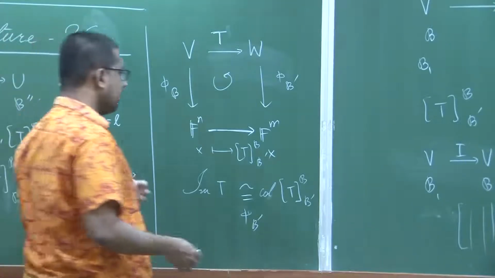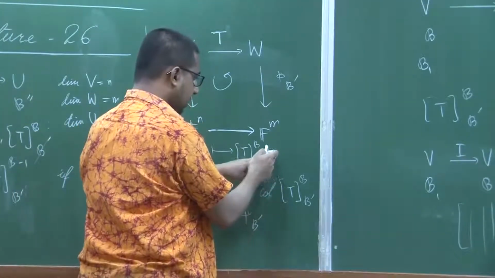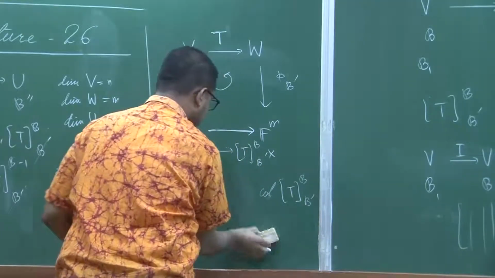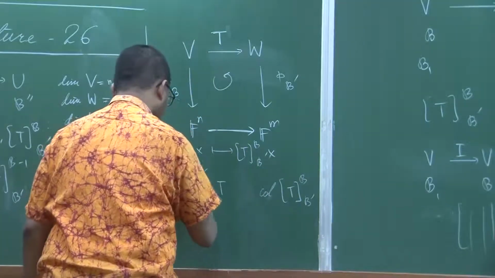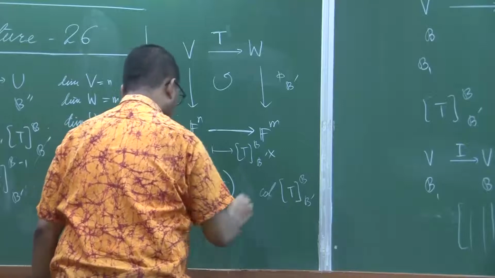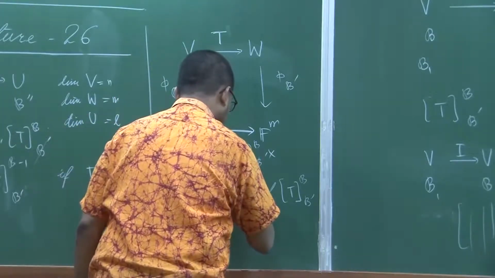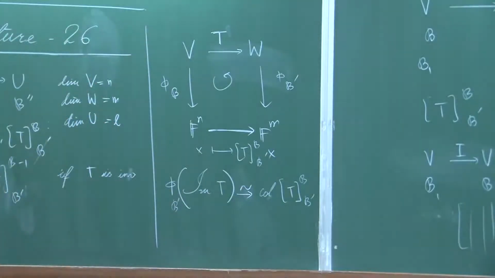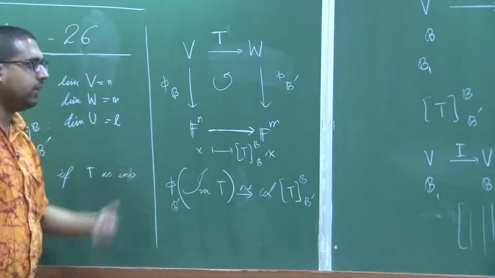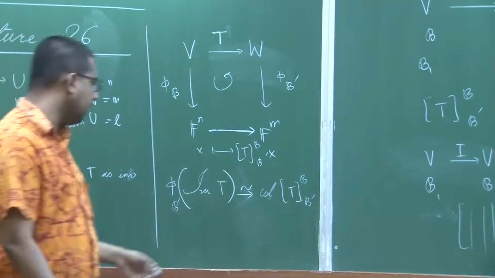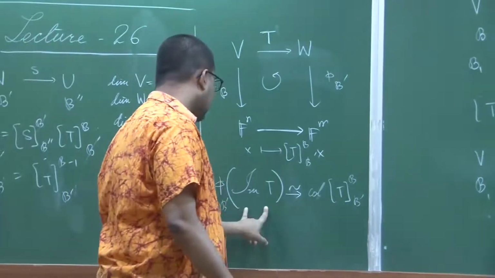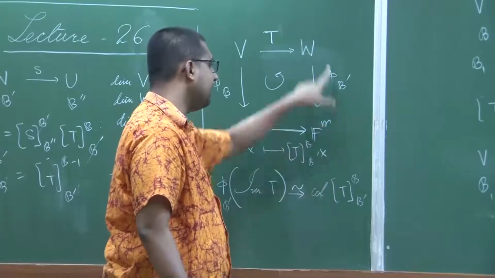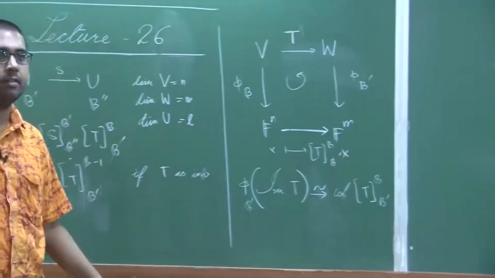What I am saying is the image of this map is, well, let me put it this way: phi_B' is an isomorphism from the column space of this. That is obvious, because these are isomorphisms, therefore the dimension, the rank. So the image of this linear map is the same as the image of its matrix.